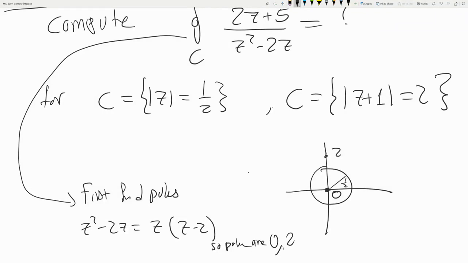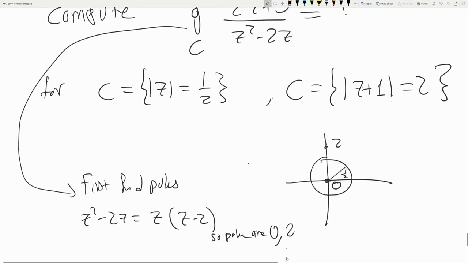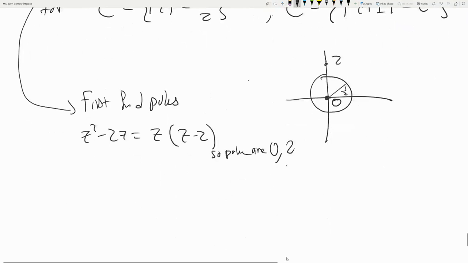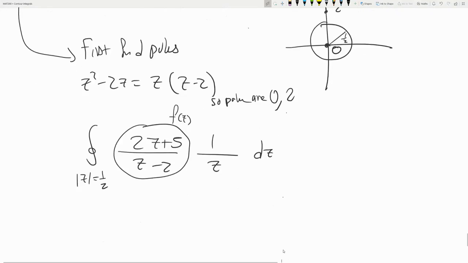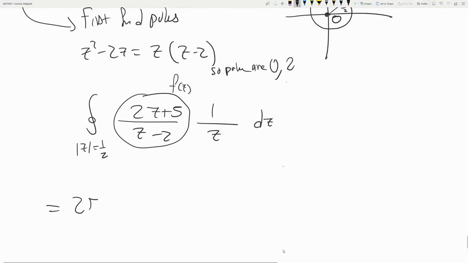Okay, so again, only one guy is inside. So we can just use Cauchy integral formula. So z minus 2 and then over z, and this guy will be f.